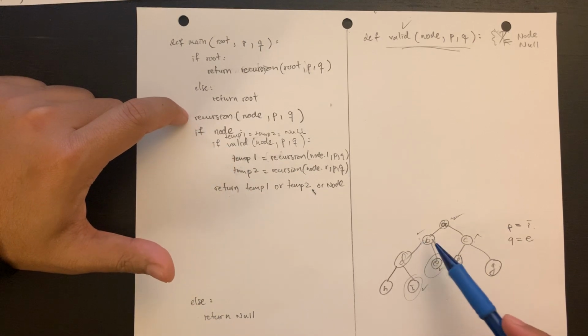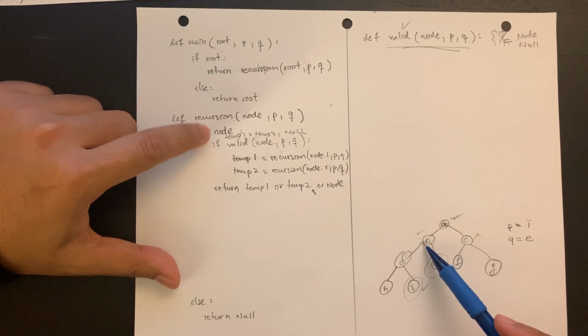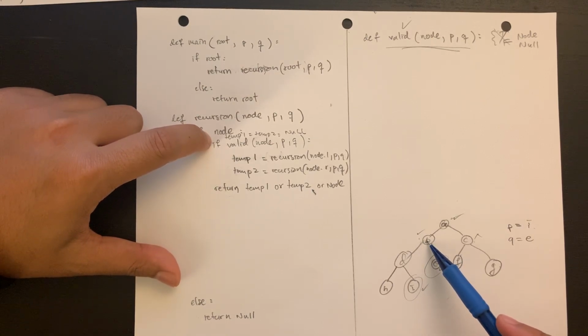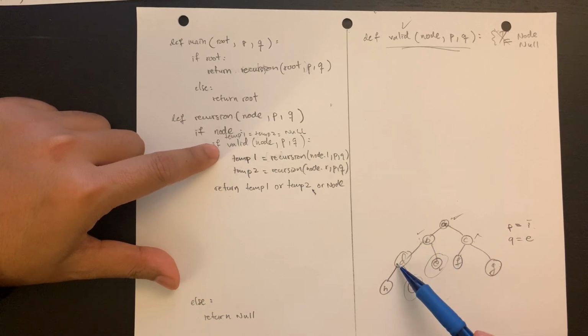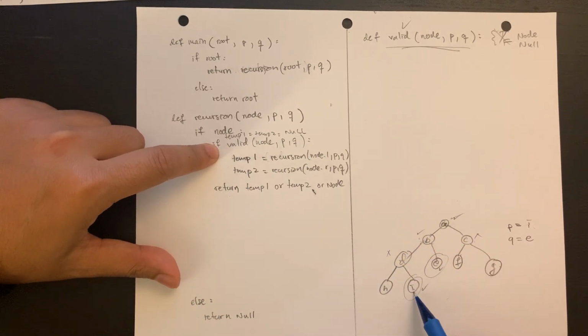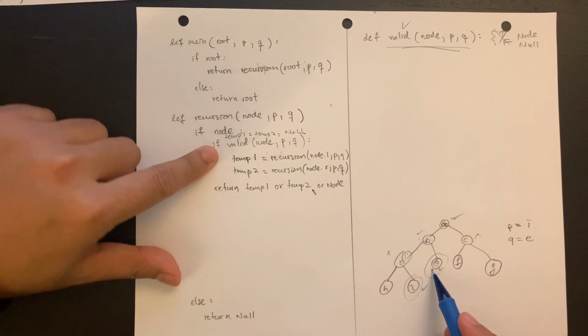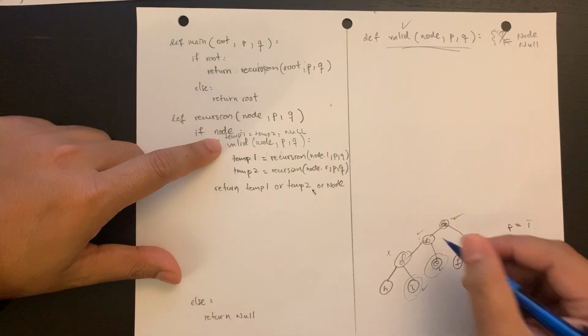When it's called, it's also a valid node. And it calls this, but this is invalid. It could only find I, but couldn't find E. And then you call this one.